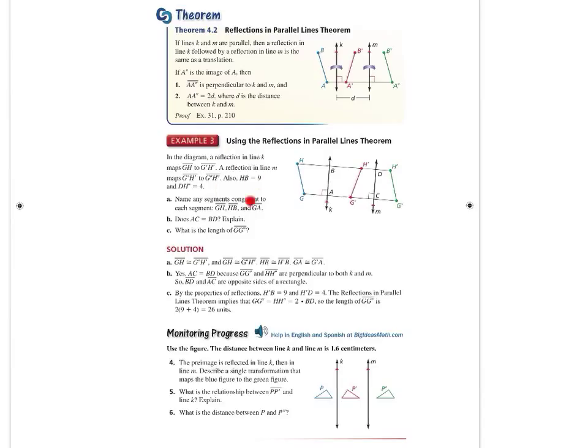And you can see example 3 explaining across lines K and M. And here's the solution. Make sure you know how to write your congruence statements, because all of these transformations are a rigid transformation. In other words, a rigid motion where length and angle measures are preserved.